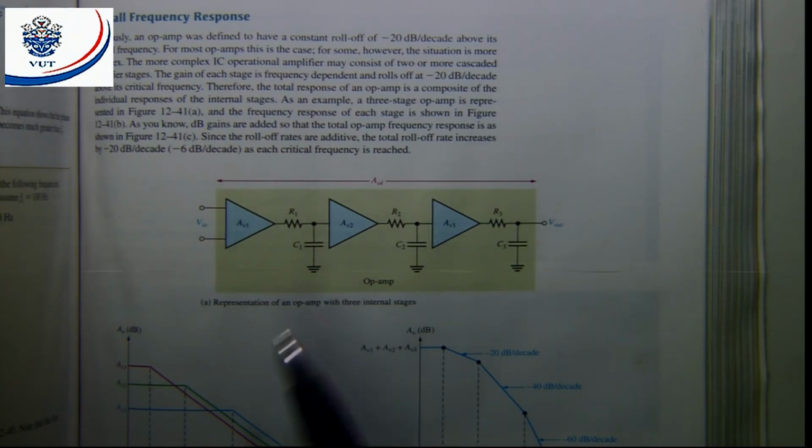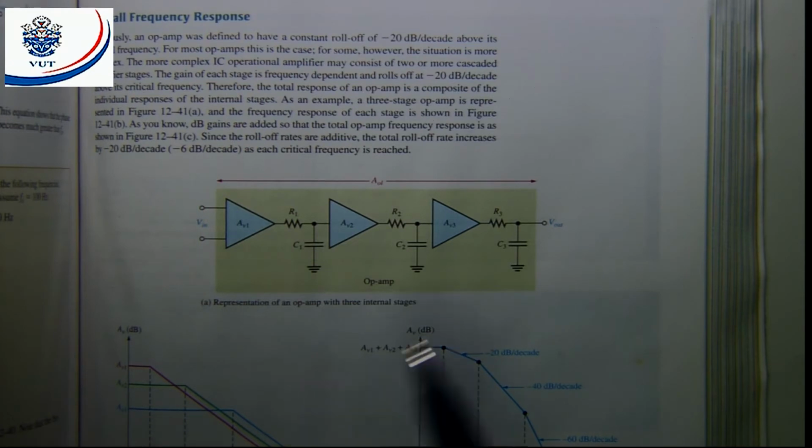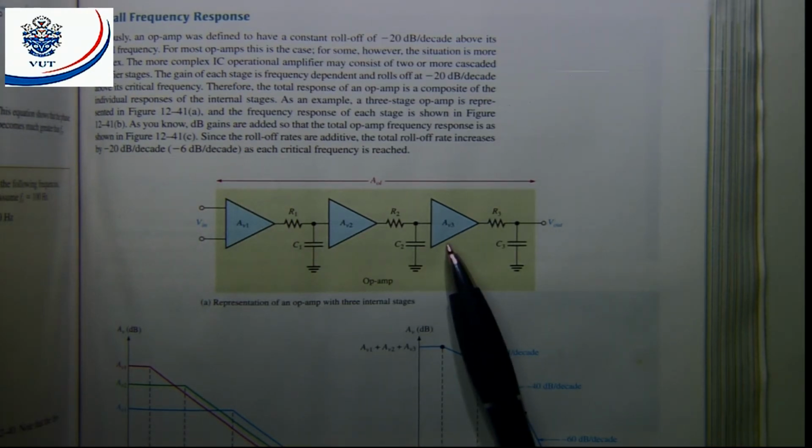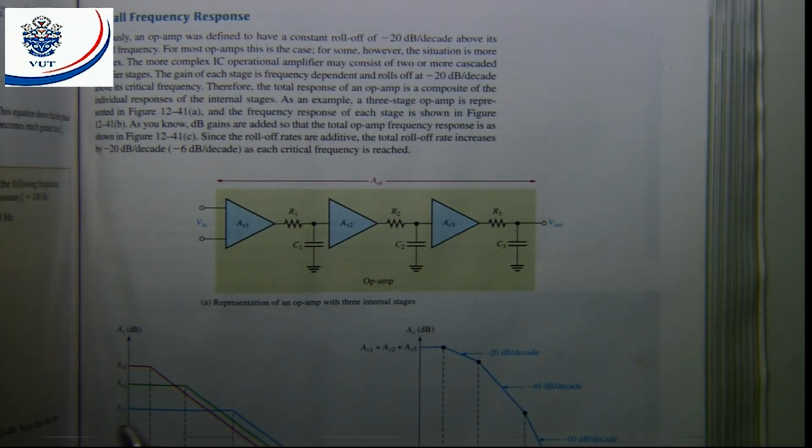For the second stage, AV2, we will also have the open loop gain, our roll-off and our critical frequency FC2. For the third stage, AV3, we will also have our open loop gain, our roll-off and our critical frequency FC3. That is the individual responses of the device.